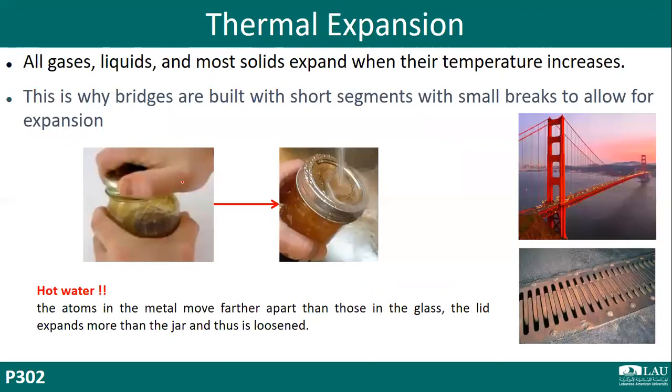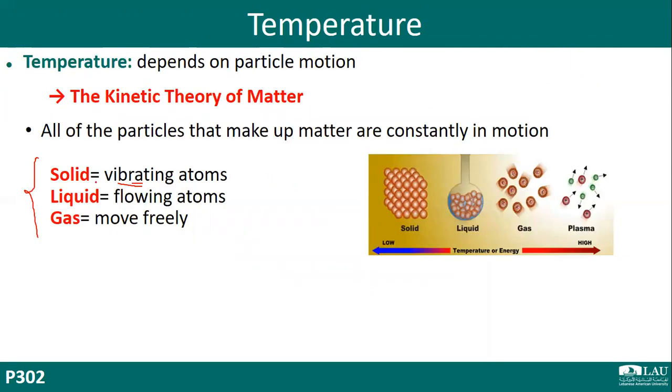Why? Because we know that all gases, liquids, and solids can expand when their temperature increases. What do we mean by expand? We are saying that the solids vibrate, or we have flowing atoms, or the atoms can move freely. So by moving, we are increasing.